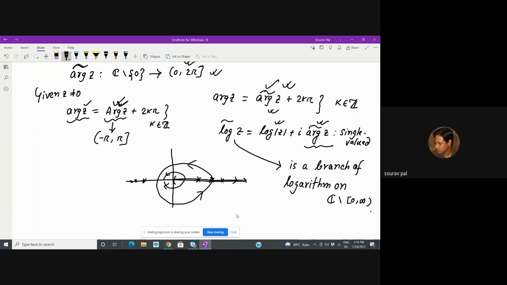Okay, and if you talk about this domain now, if you choose your G tilde to be C minus 0 to infinity, this region, then what are all the branches of logarithm? All branches of logarithm are nothing but this log tilde z plus 2k pi i, where k belongs to Z. So this is the set of all branches of logarithm.